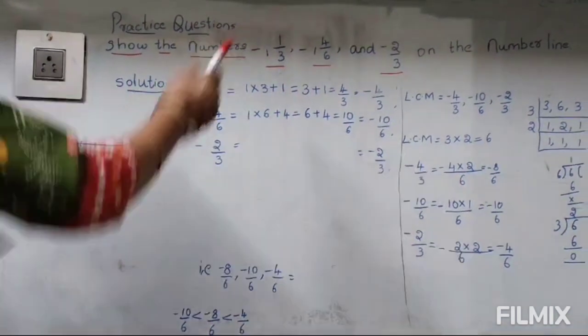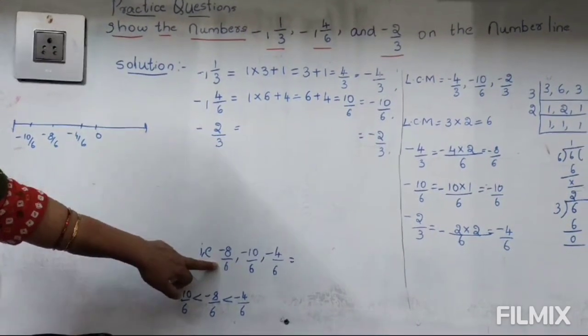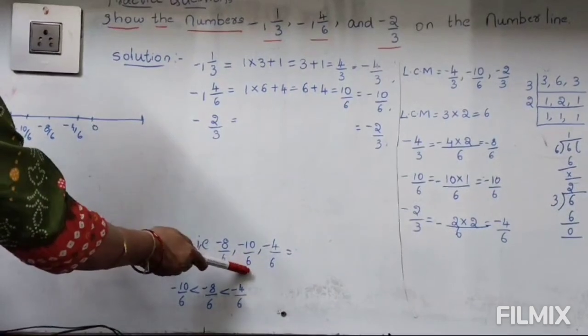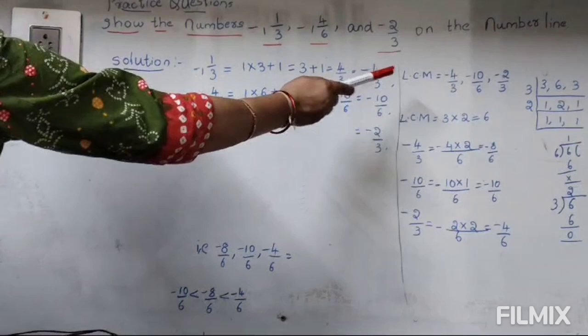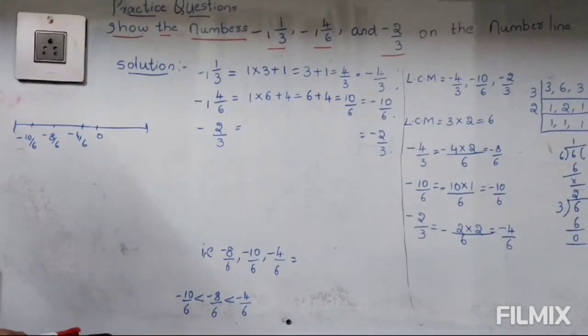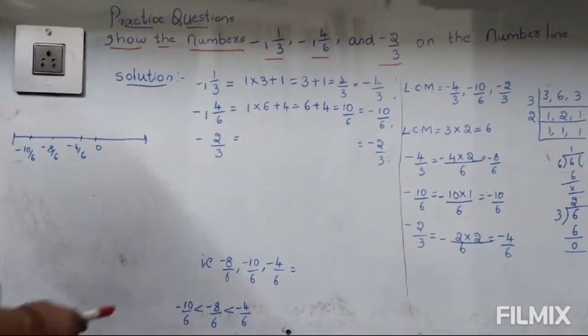Now write down everything. So minus 4 by 3 can be written as minus 8 by 6, minus 10 by 6 remains minus 10 by 6, and minus 2 by 3 can be written as minus 4 by 6. Now arrange this in ascending order. How?